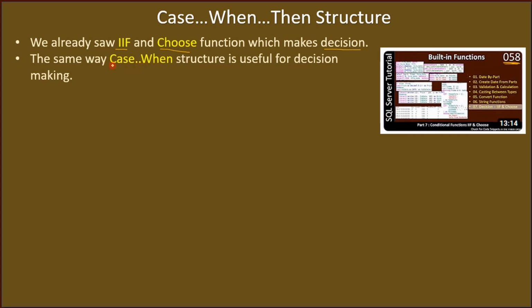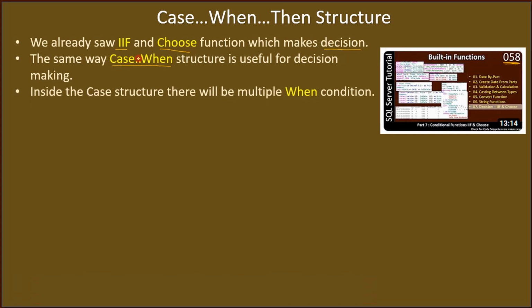The same way, case when structure is also useful for decision making. So choose is a function, case when is actually a structural stuff. Using that you can make an if else kind of statement.